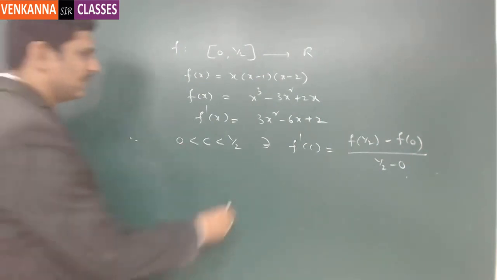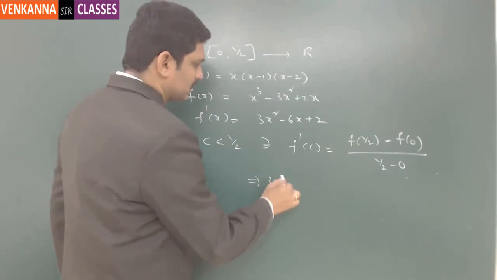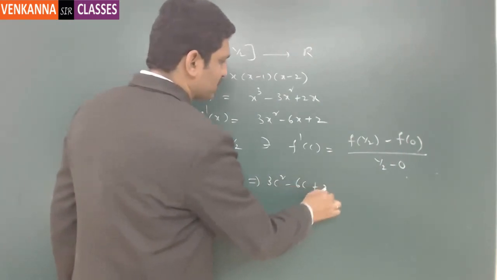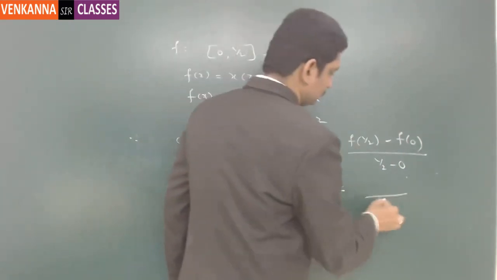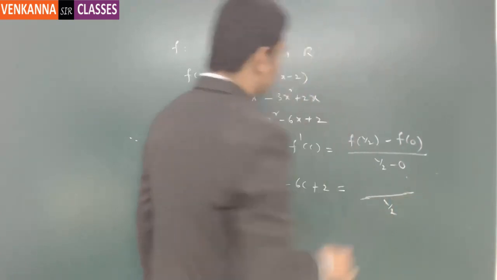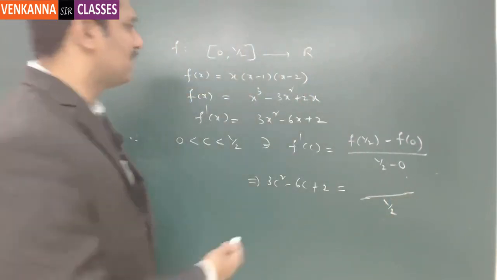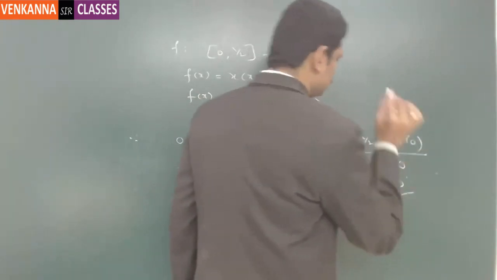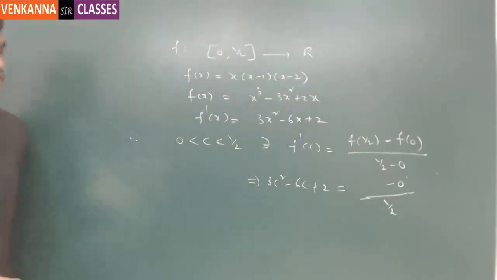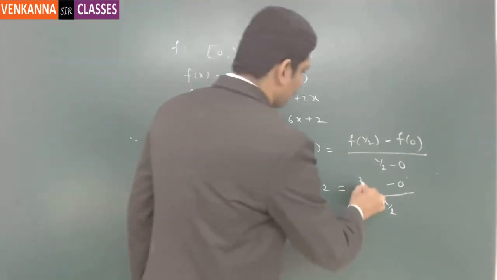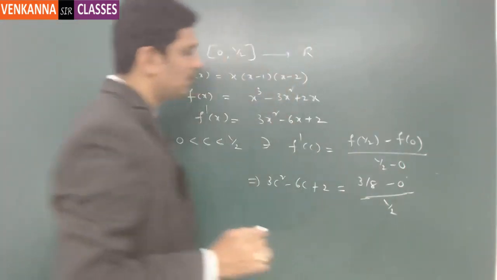So it gives that 3c^2 - 6c + 2 is equal to, you are going to give the values of f(0) as well as f(1/2). So what will be the value of f(1/2)? Is that 3/8? And f(0) is 0.